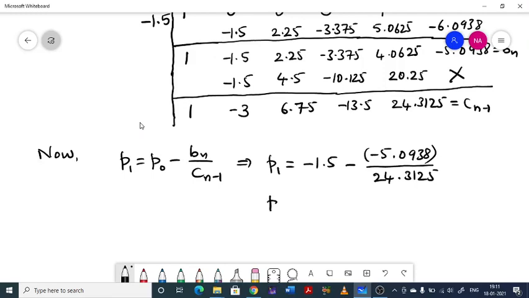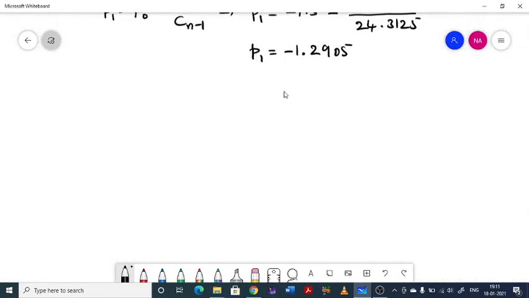So P1 will be minus 1.2905. Minus 1.2905. Now second iteration. So I have to repeat the process of synthetic division by taking minus 1.2905.